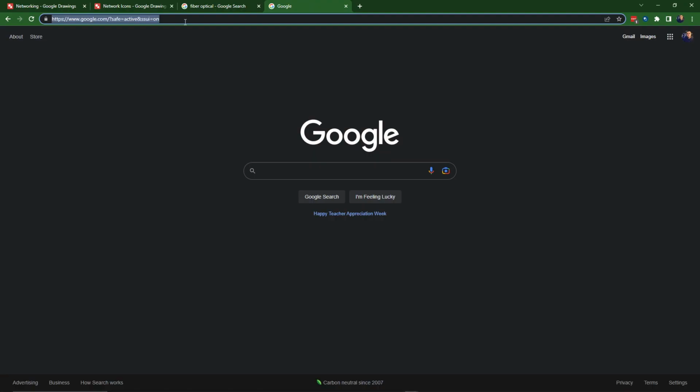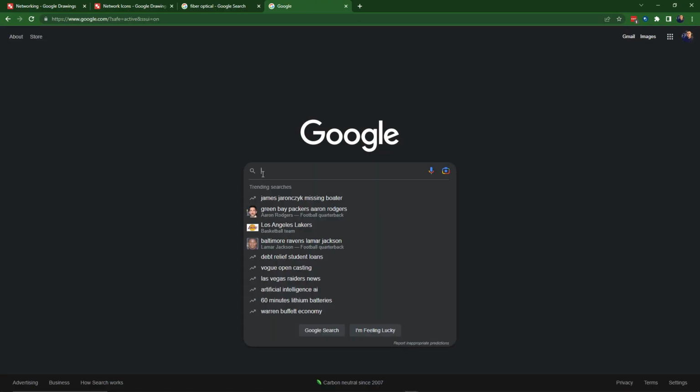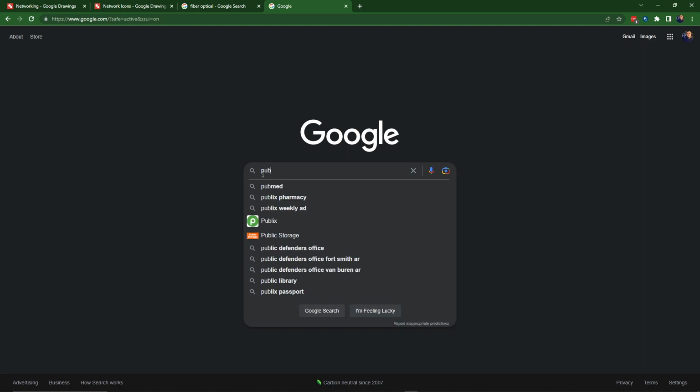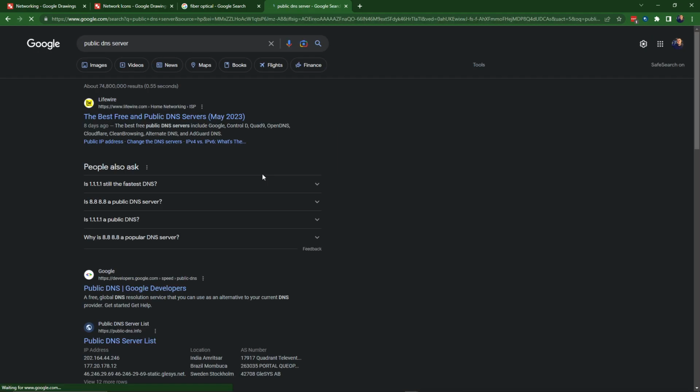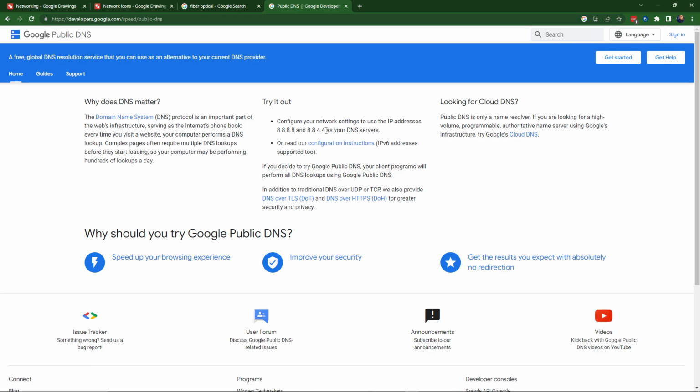Now there's a public DNS server. There are some that you can find, but Google's is the most common one, and they have two addresses: 8.8.8.8 and 8.8.4.4, right?